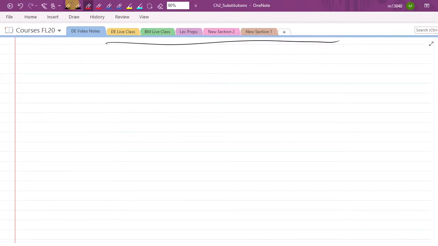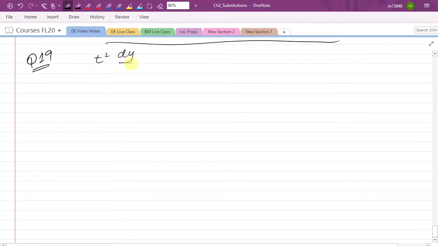Okay, let's start another: t square dy by dt minus y square equals ty. What is the standard form of Bernoulli again? We can see that there is a y square here, so it is Bernoulli, but it should be on the right hand side, not on the left hand side.